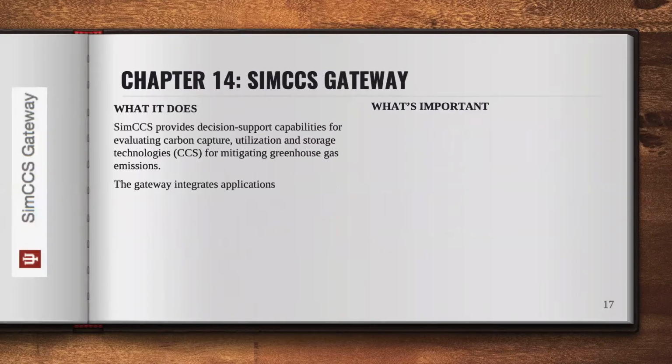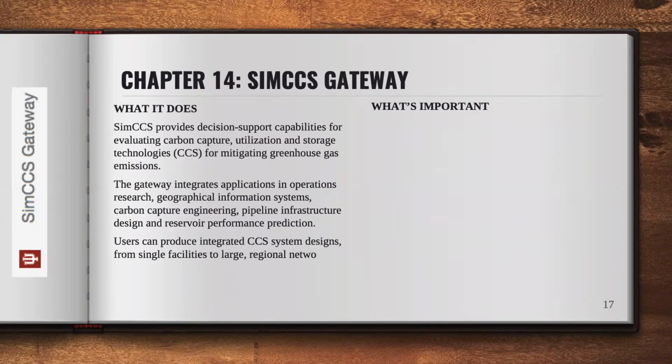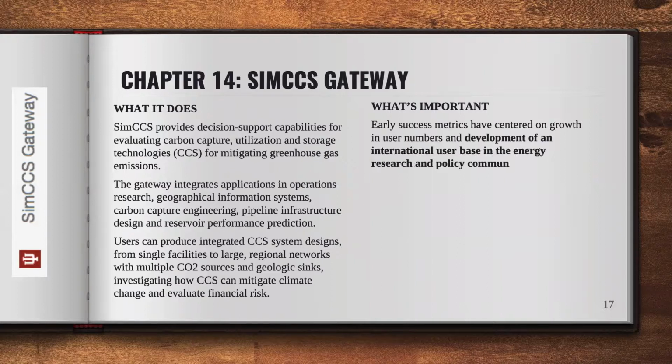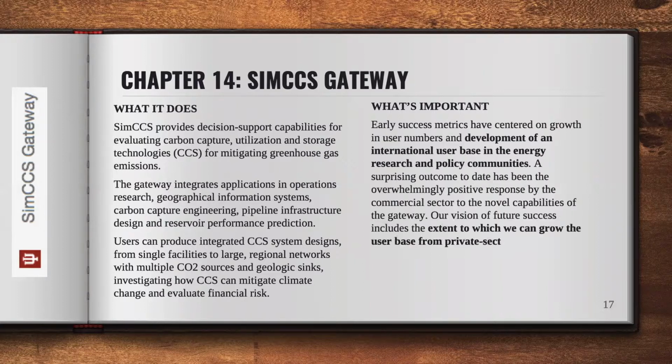Almost up to number 15. SIMCCS is looking at carbon capture and climate impact mitigation systems. One thing they're looking at is that they're after an international user base in energy research and policy communities. So you know what you need to be capturing about your user communities to know whether you're achieving that goal.